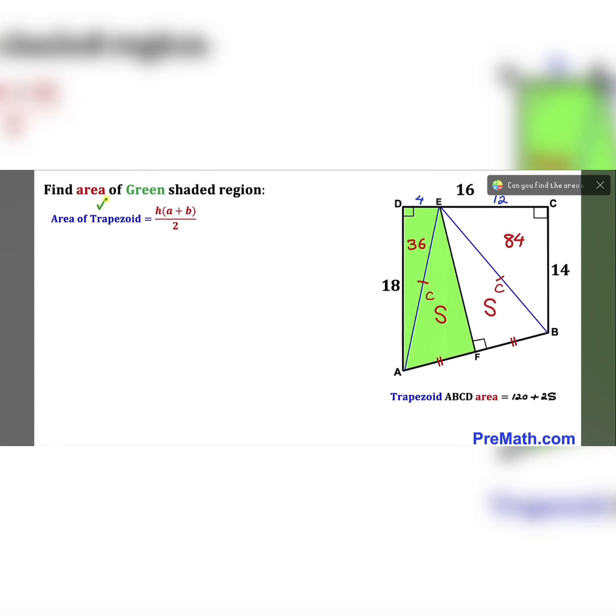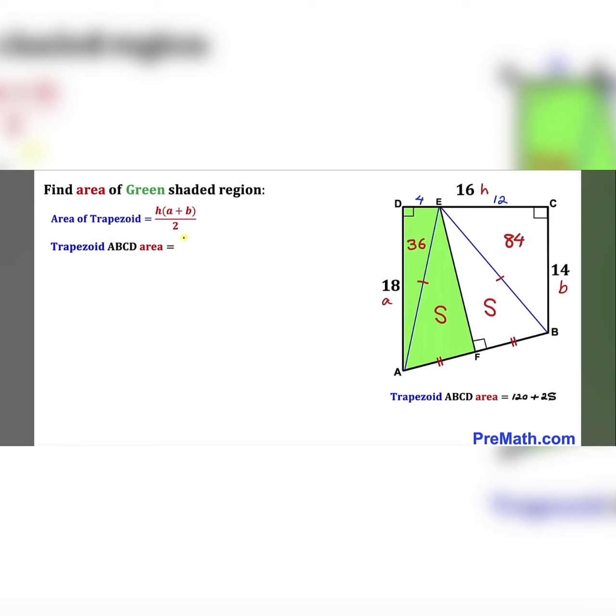And now let's recall the area of a trapezoid formula. Area equals height h times a plus b all over 2. In our case, our height h is 16, our base a is 18, and our base b is 14. So let's calculate the area of this trapezoid ABCD now.